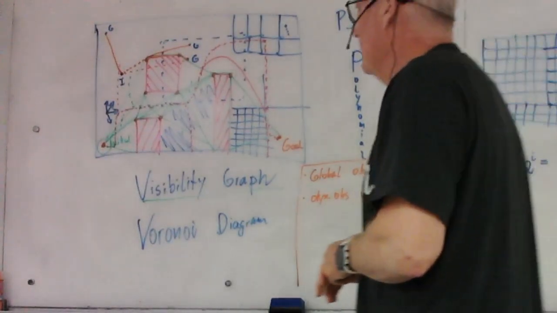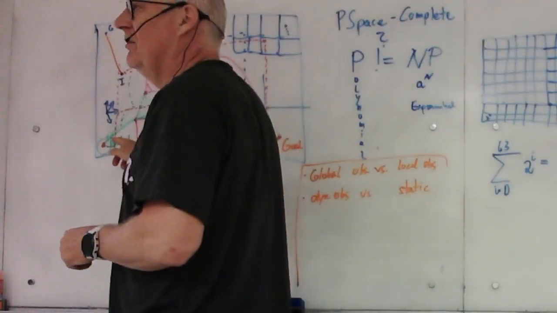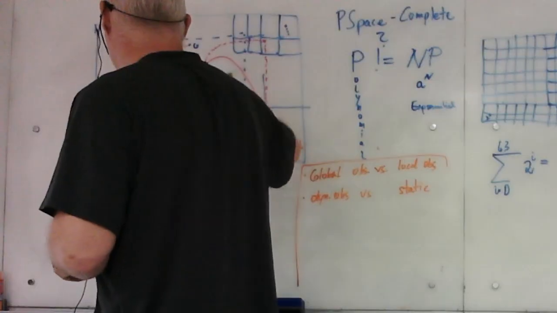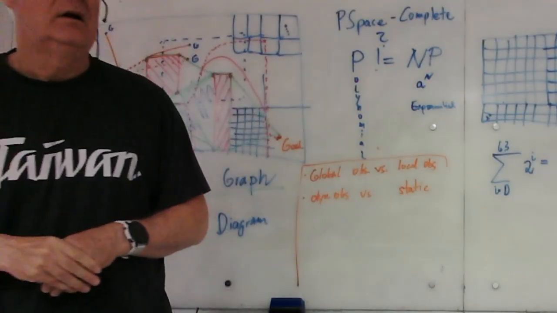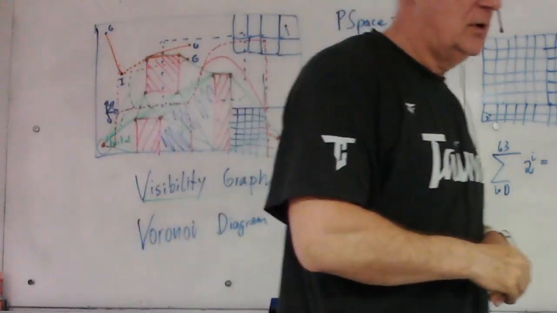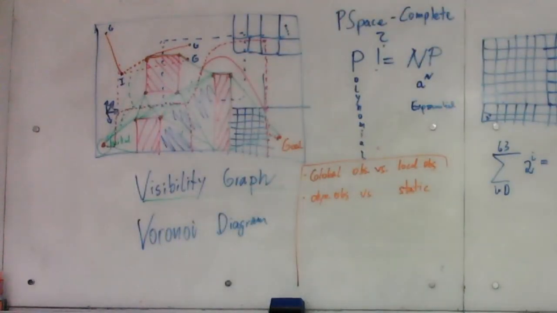And the complexity for visibility graph is the number of vertices that you have to go through before you get to the goal, plus the average number of successors for each vertex.